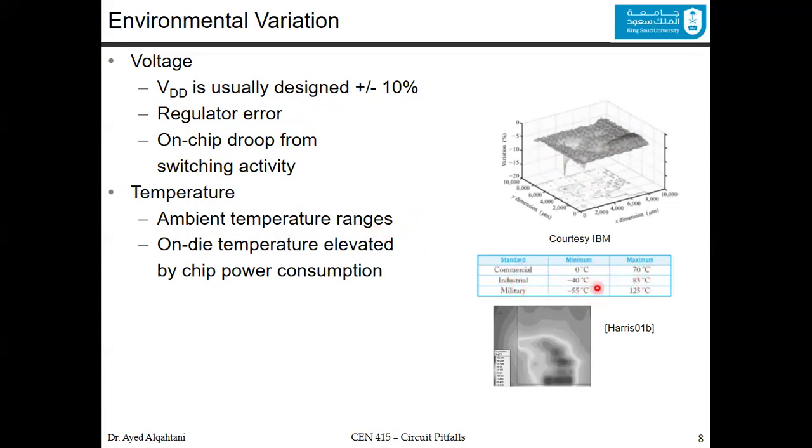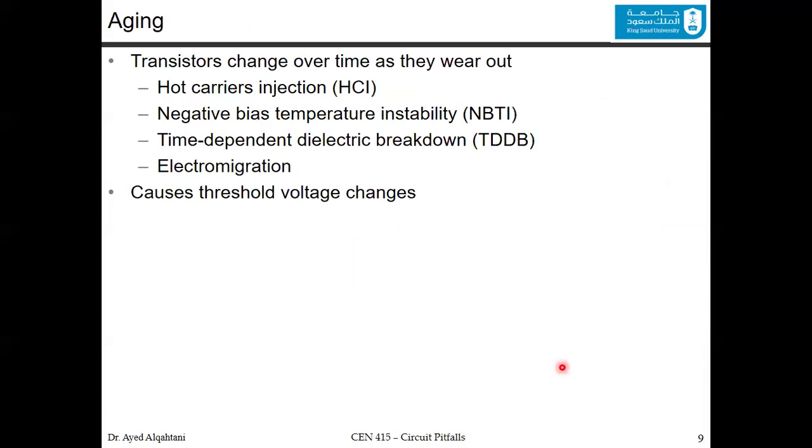In the military, even more range. It's because of the application itself. On-die temperature is elevated by chip power consumption, of course. The places where you have a lot of heat are actually the same places that consume a lot of power.